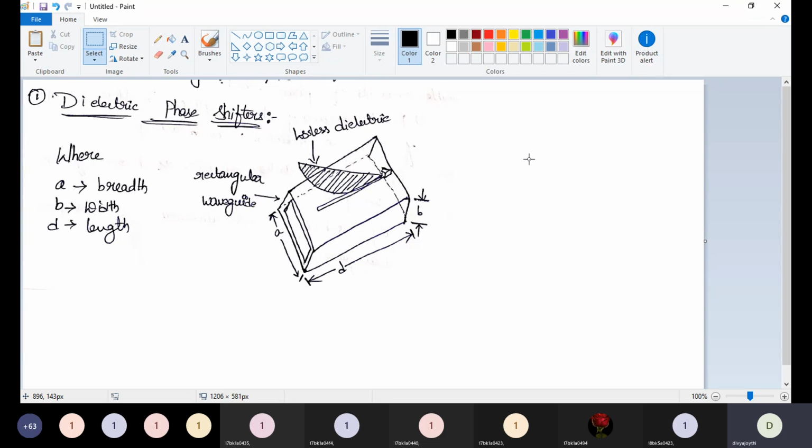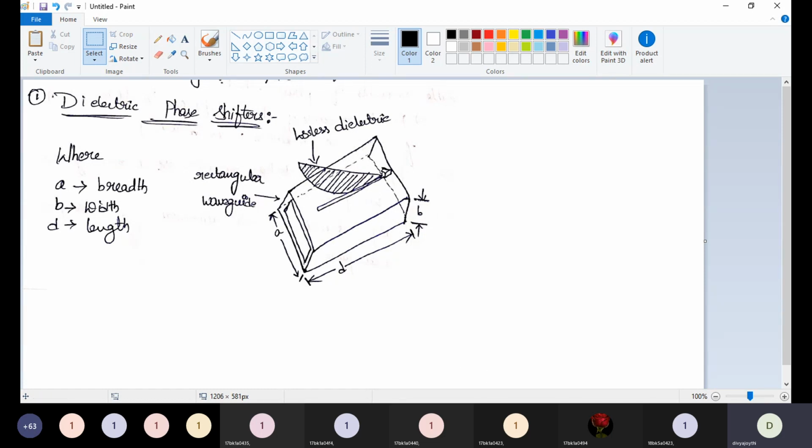That is about the dielectric phase shifter. The thing you need to remember is that wherever you insert the dielectric within the waveguide, you need to make sure that at that point the electric field is maximum. So that is about the dielectric phase shifter.